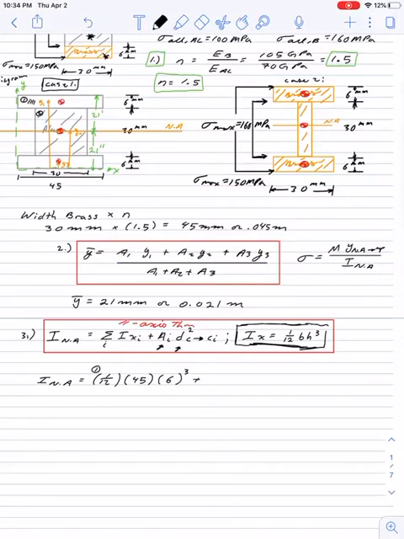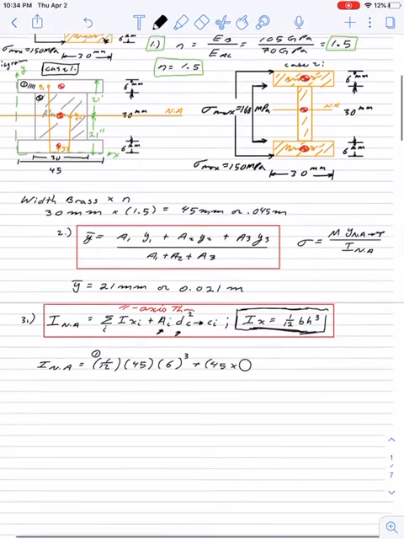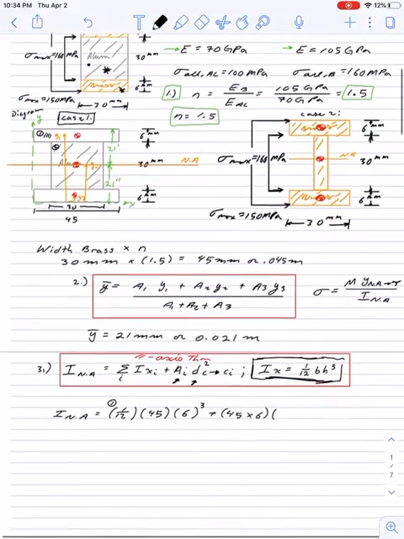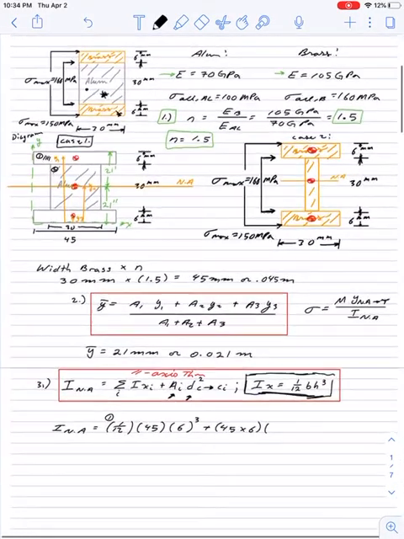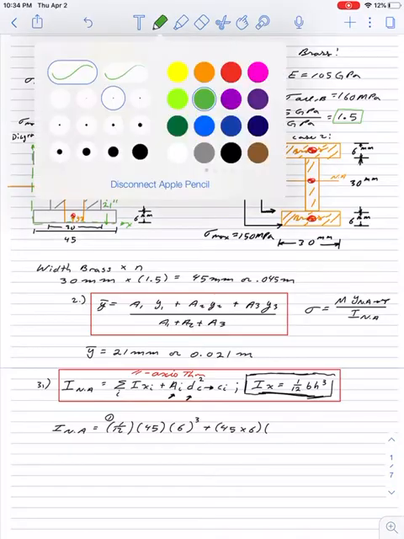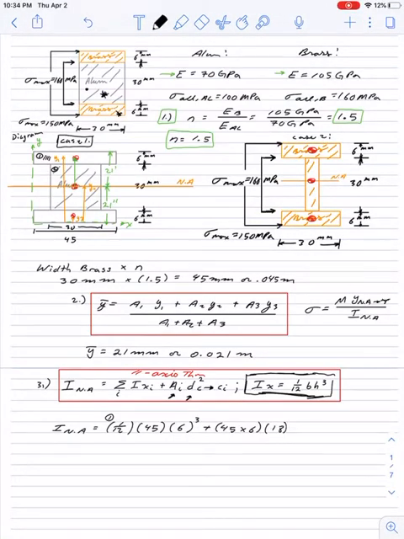And then we're going to add the area of it, which is 45 times 6, multiplied by the distance from the neutral axis to the centroid axis, which is going to be 21 minus 3, which is 18. So this is going to be 18 squared. That's for the first member.